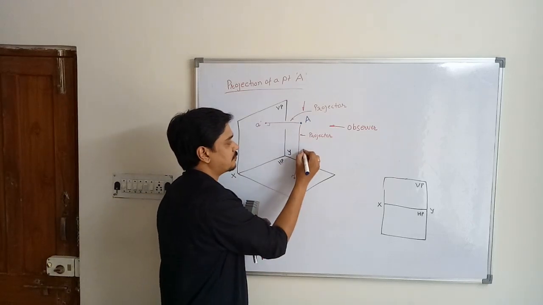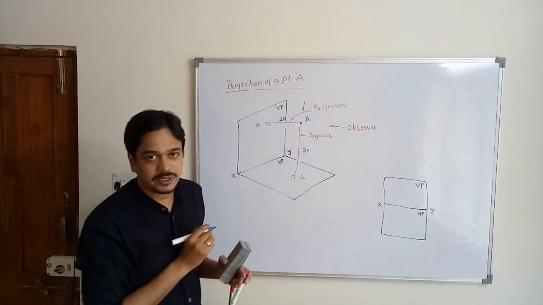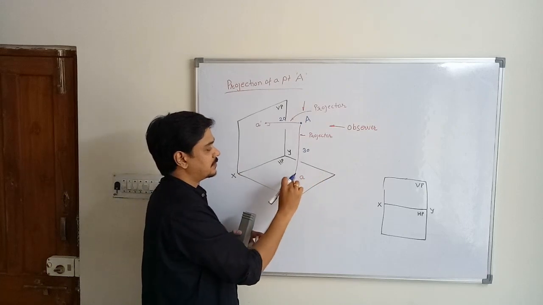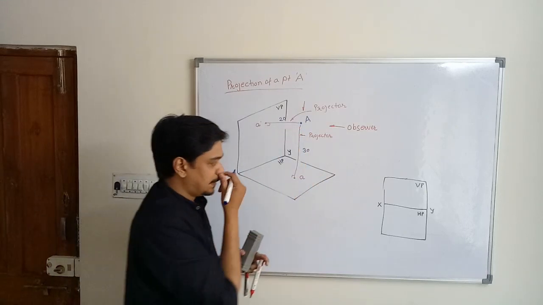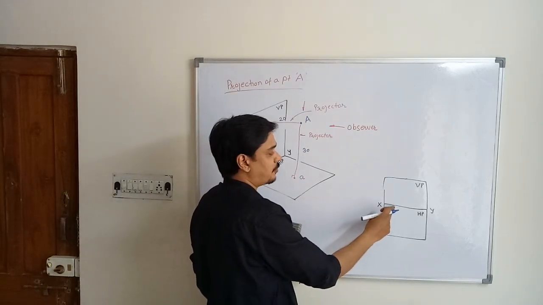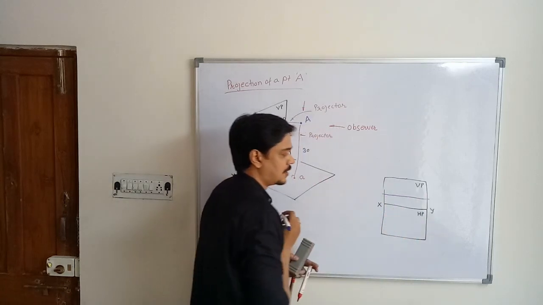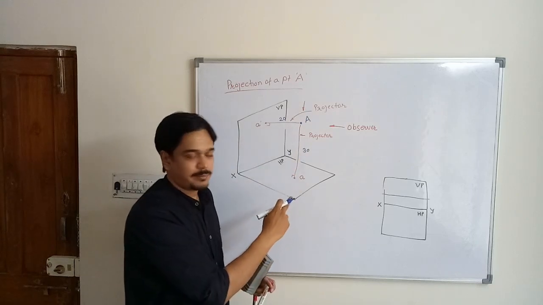This distance we have already taken as 30 and this distance we have taken as 20. If you observe from the front direction, it is 30 mm above the horizontal plane. So how will you locate this in a sheet? You will draw a horizontal line representing this height of 30 mm.